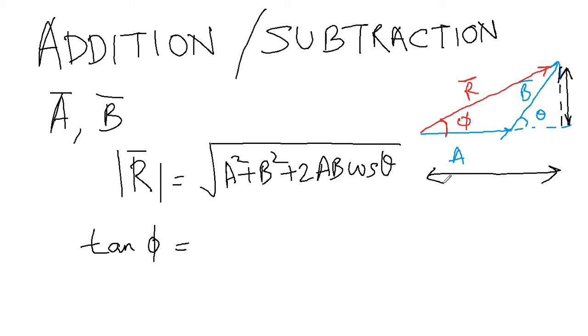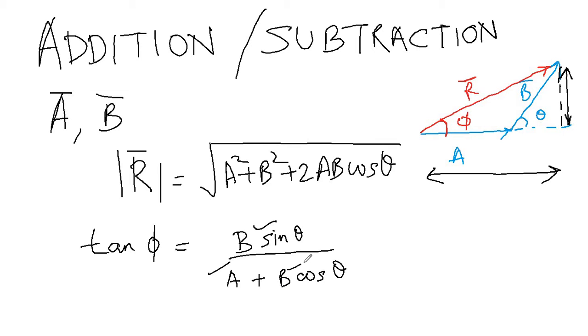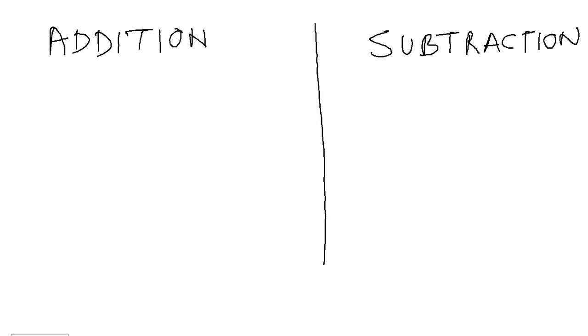So you can just look at this figure and understand that this should be given by b sine theta divided by a plus b cos theta, where this b and a, these all are magnitudes of vector a and b. Now addition and subtraction are very similar, but there is a very small difference.